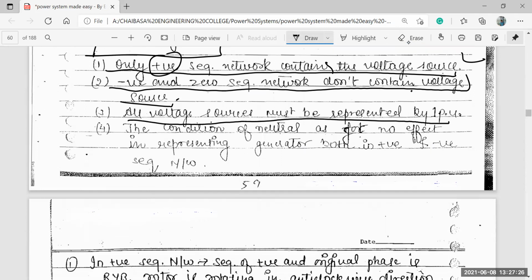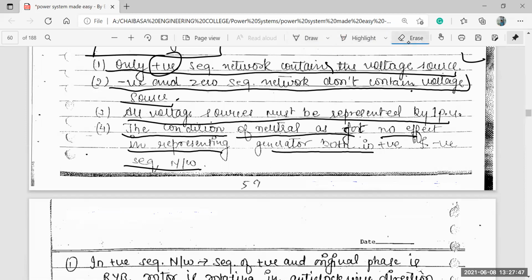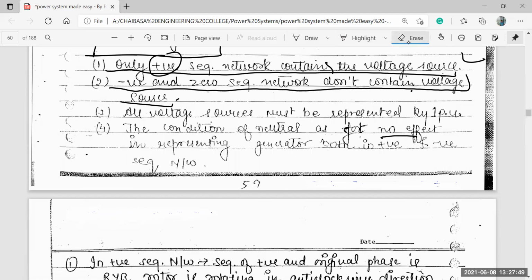Another point is the condition of neutral. The condition of neutral has no effect in representing the generator in both the positive and negative sequence networks.